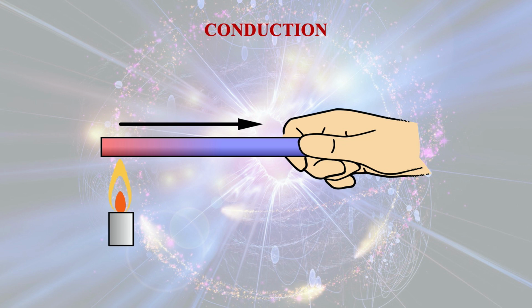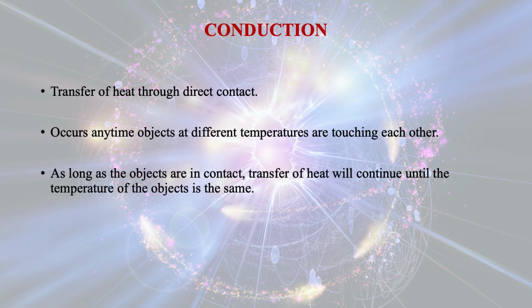Now, for conduction as a mode of heat transfer, the transfer of heat through direct contact occurs any time objects at different temperatures are touching each other. As long as the objects are in contact, transfer of heat will continue until the temperature of the objects is the same. Suppose you keep a hot body in touch with a cold body.